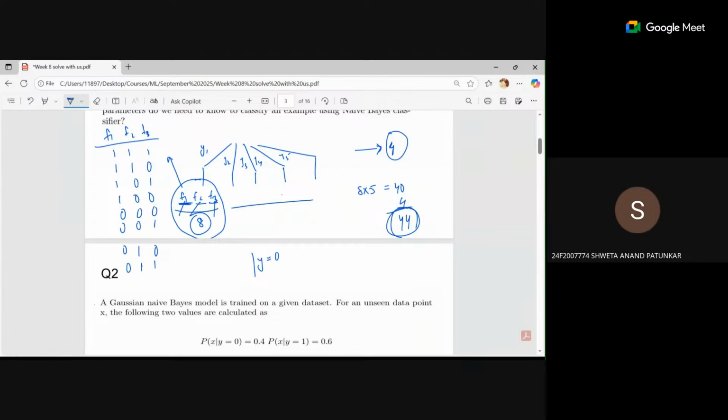So we have to consider two parameters. For three features we will be considering six parameters when the value of the label is 0. So with values 0, 1, 2, 3, 4, 5, for each we get 6 into 5, that is 30. And for y we will consider 4. So 34 will be the answer.